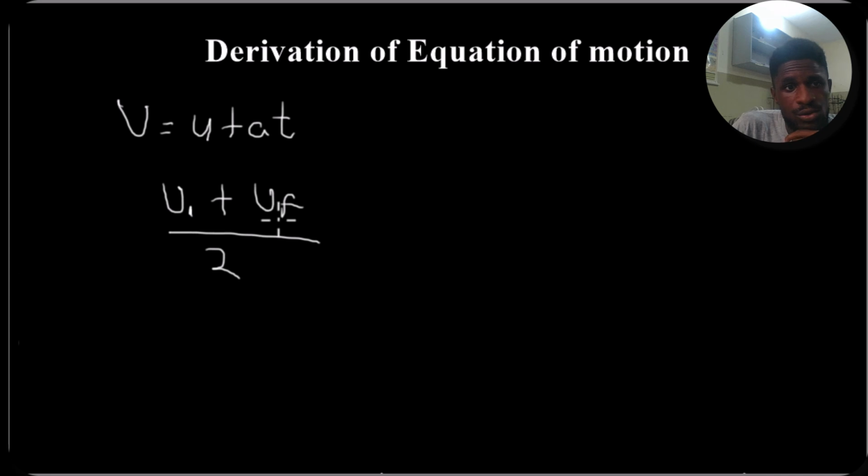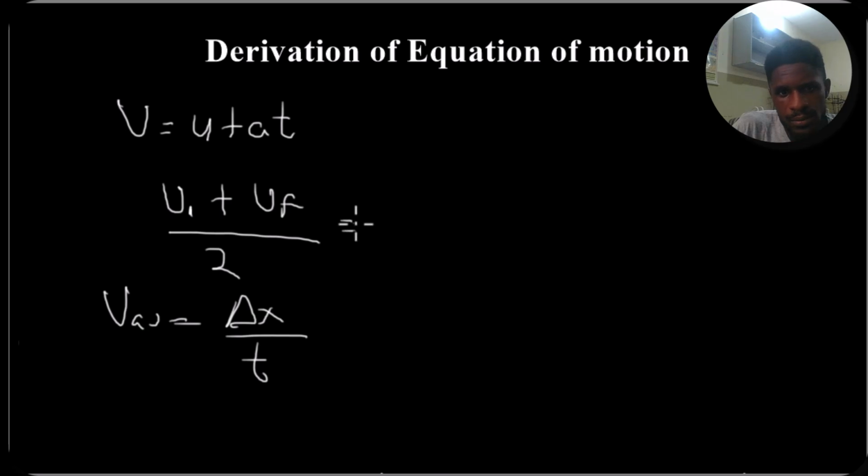Now, we're only entitled to do this because acceleration is constant. If acceleration is not constant, we can't get average velocity this way. So we're going to be getting average velocity by using our formula v average must be equal to delta x all over t, that is displacement over time.